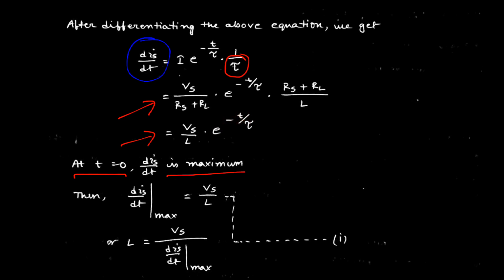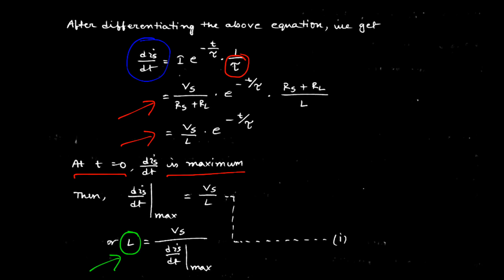So ultimately we have dIs/dt max equal to Vs by L. From this expression, we can write L equal to Vs by dIs/dt max. In this way, we can easily design the value of L for the snubber circuit.